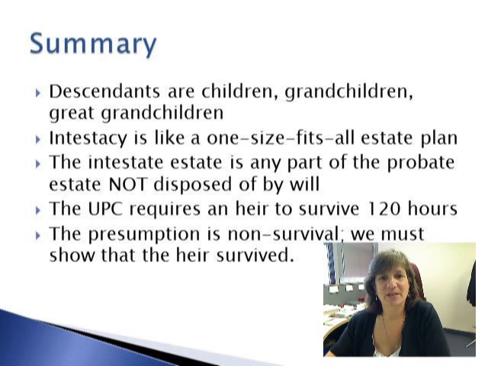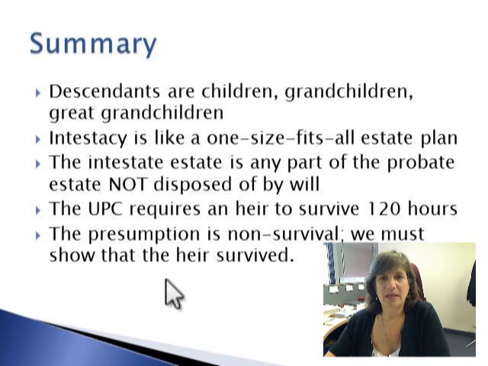Oh, no, not done yet. Sorry, summary. So descendants, we talked about who are your descendants: children, grandchildren, great-grandchildren. We looked at some other terminology, testate, intestate. We saw that intestacy is a one-size-fits-all estate plan, and we're going to explore that concept a little more.